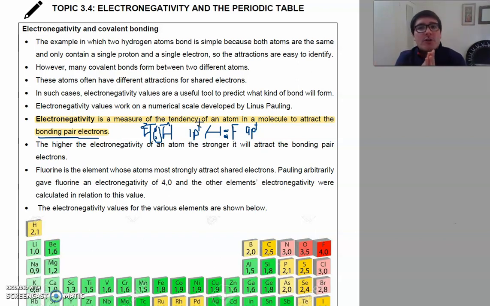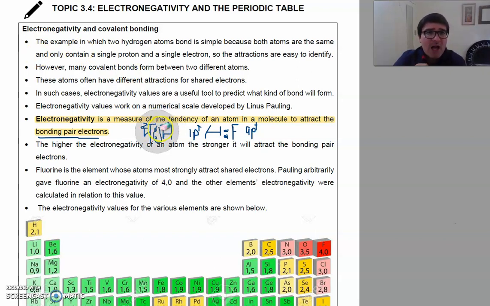Fluorine has a lot more protons, so what do you think will happen? Fluorine is probably a big fat guy, and hydrogen is a skinny one. And fluorine will probably win this tug of war. Now, this is what we are going to look at when we look at electronegativity values.